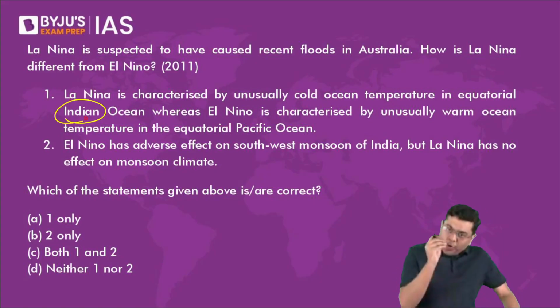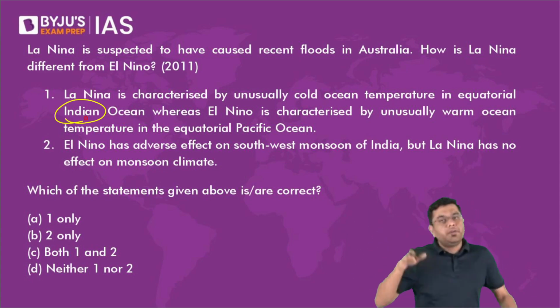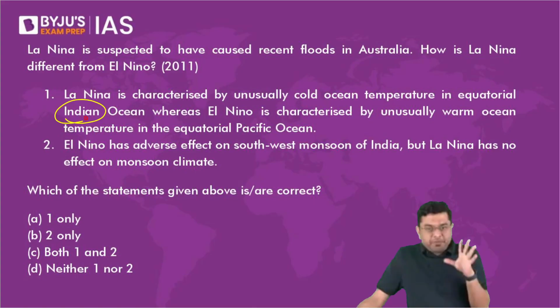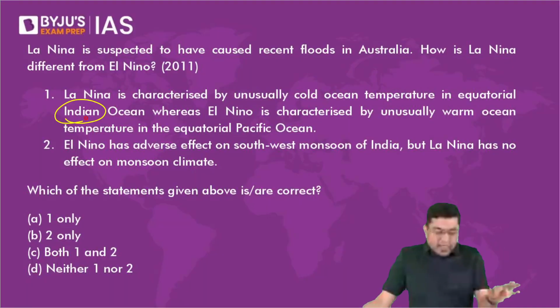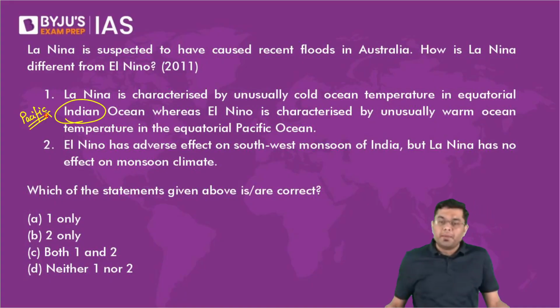Majority of the times when we see the statement, we feel the rest of the words are correct, so this also would be correct. Have we talked about Indian Ocean at all till now? No. If it would have been Pacific Ocean, this would have been a correct statement. But it is Indian Ocean, right?